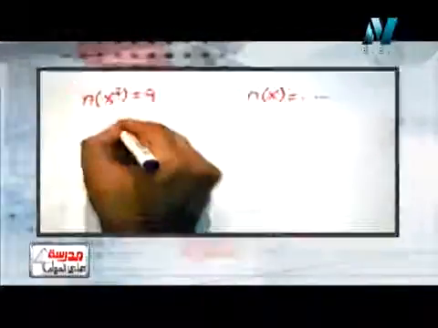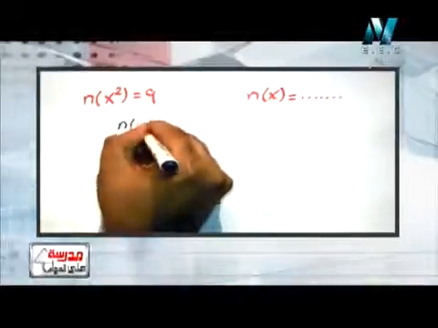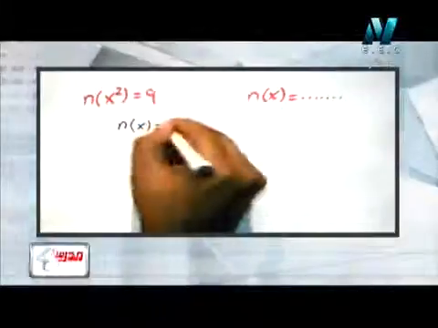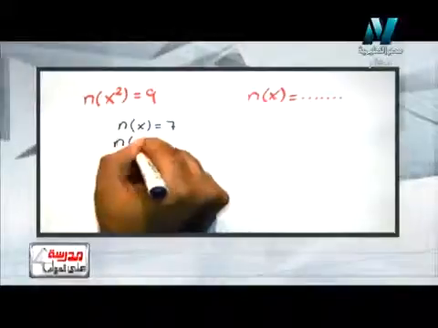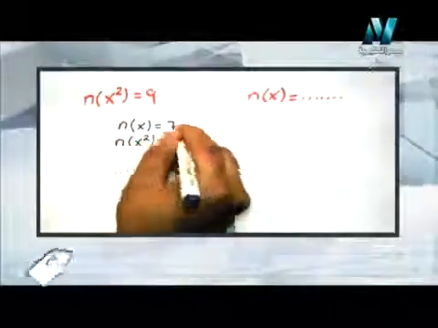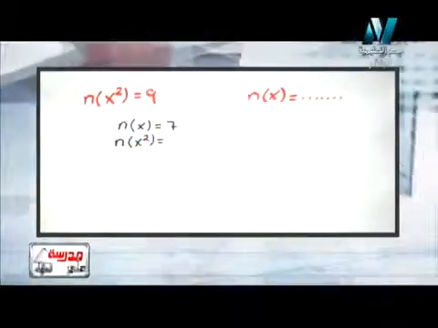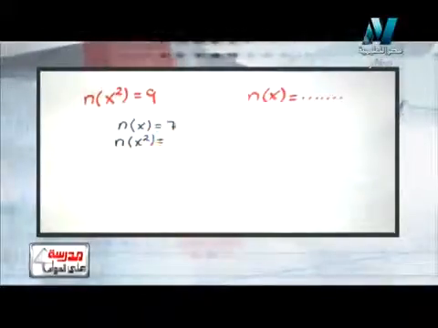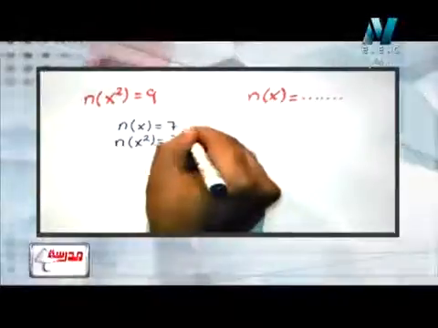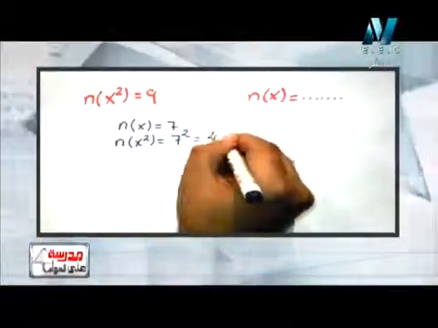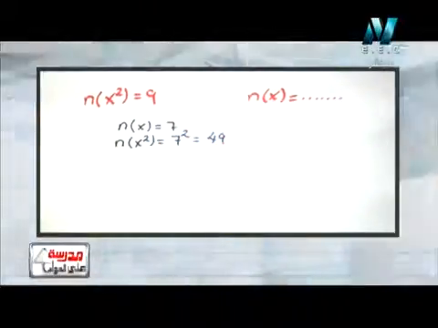We were saying n of x, for example, equals 7. Then for n of x squared, you can square the 7, it will be 49. What about the opposite?